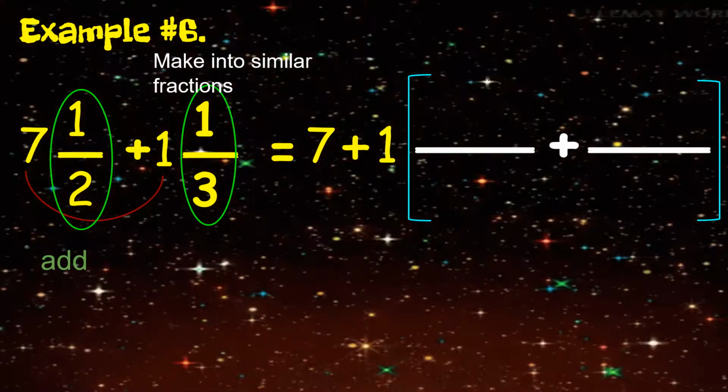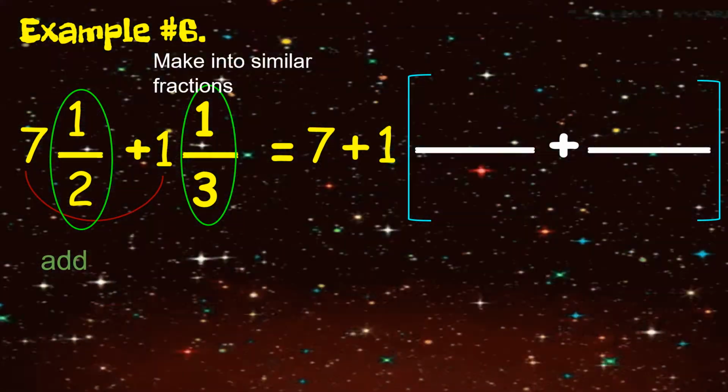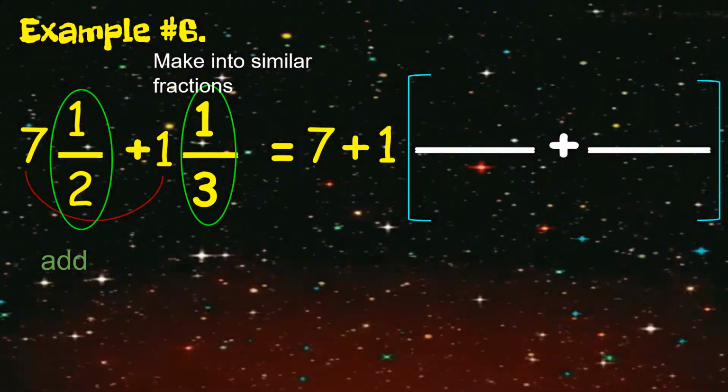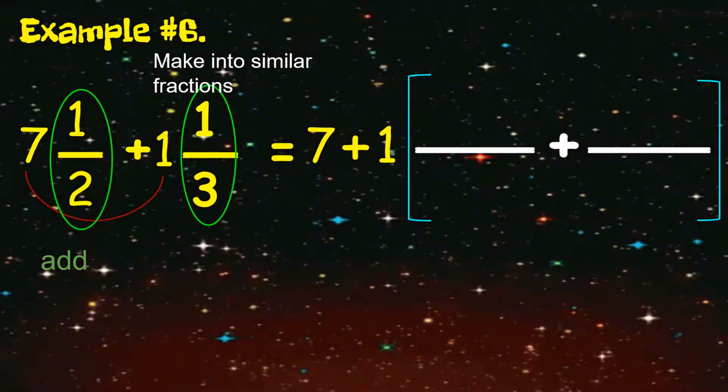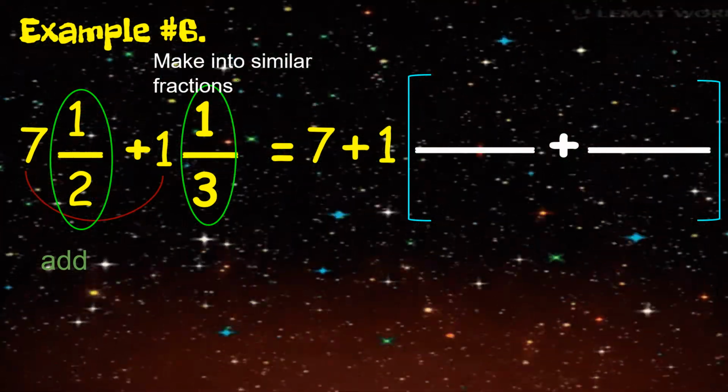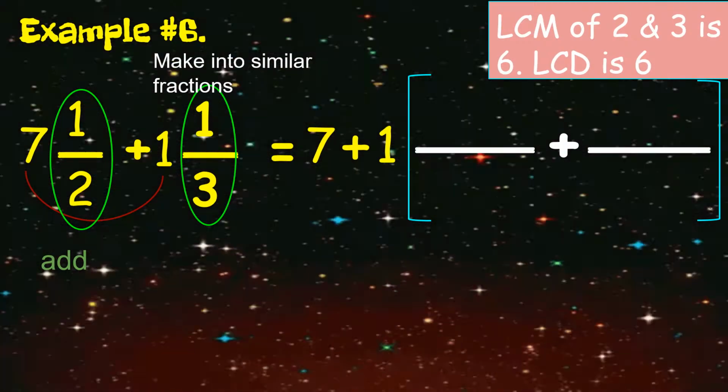The multiples of 2 are 2, 4, 6, 8, 12, 16, and so on. How about 3? 3, 6, 9, 12, 15, and so on. So, the least common denominator or the least common multiple of 2 and 3 is 6.